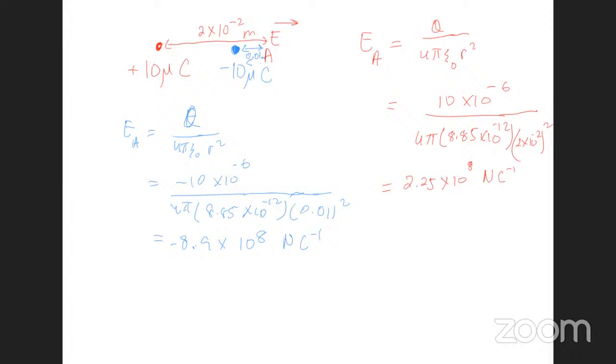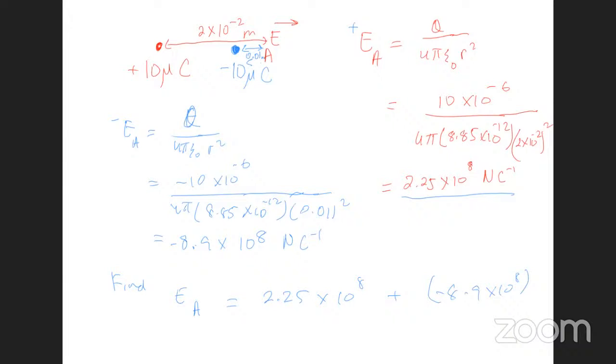Here's the problem. I am going to ask you now for the final electric field strength at A. The first one was due to the positive charge, the second was due to the negative charge. How are we going to find the final electric field strength? We take the electric field strength here, 2.25 by 10 to the 8, and add it to minus 8.9 by 10 to the 8.